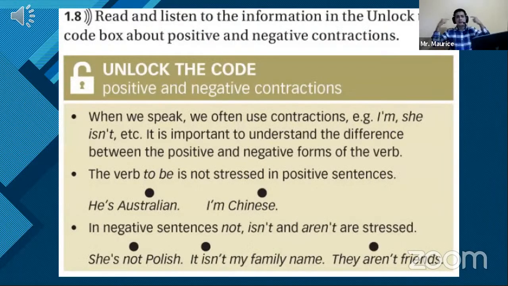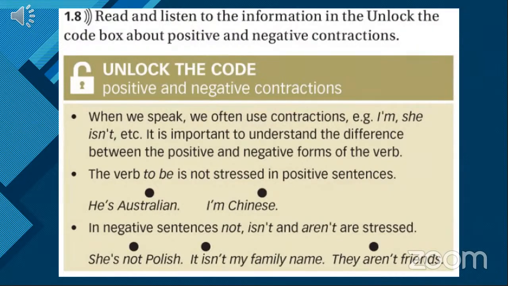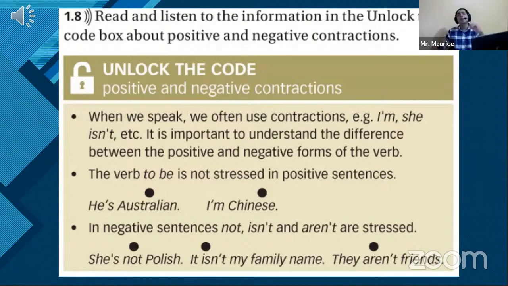Give me a minute. I'm going to share my screen for you guys. Okay, can you see the PowerPoint presentation? Yes? Okay, perfect. In this activity, you are going to read and listen to the information. This is about the verb to be in contraction.